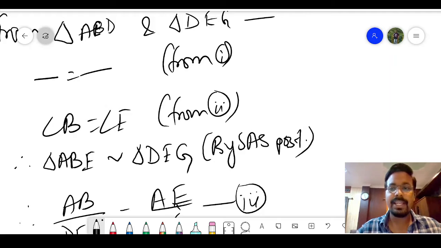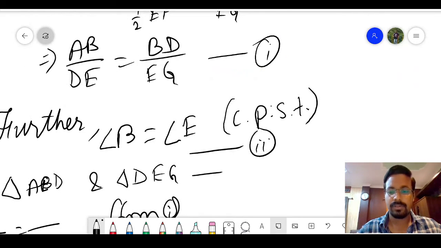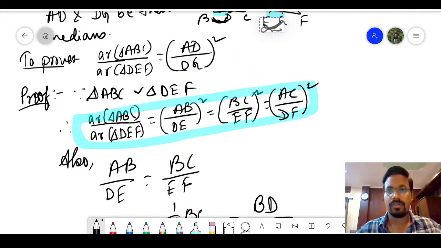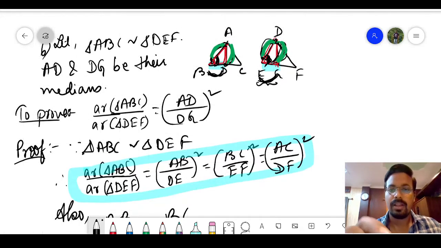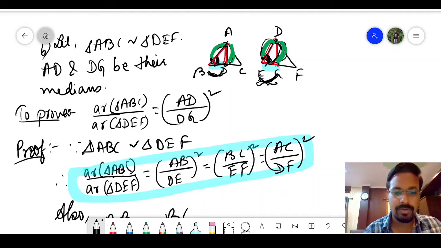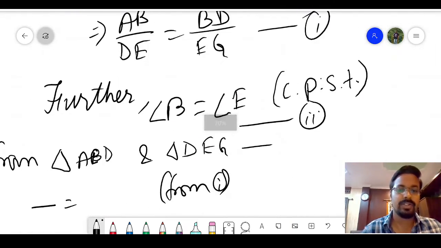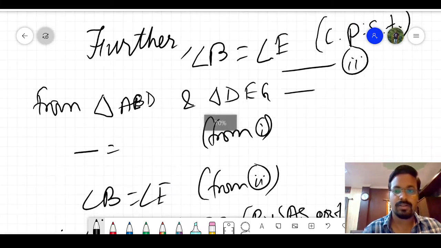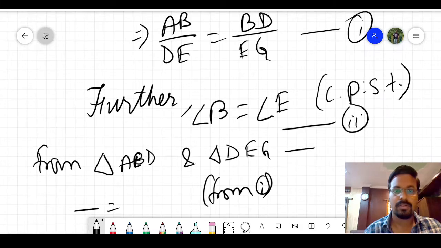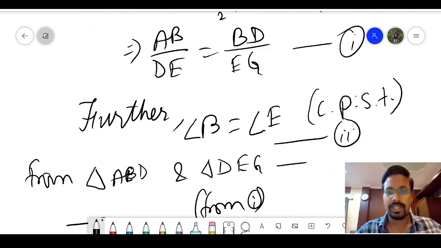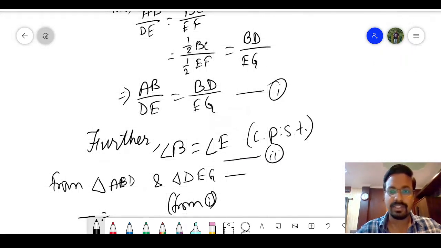From triangle ABD and DEG, let's go back to the diagram. ABD and we have DEG. So it is ABD, DEG, yes. A few places that went wrong. Let's do the corrections. You will also understand how to do it correctly then, and the mistakes that you can go through.